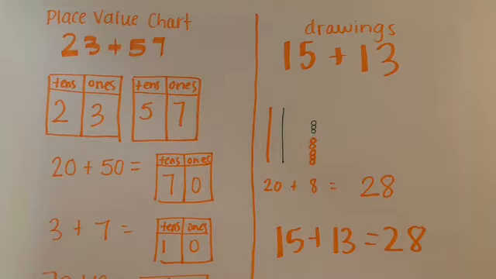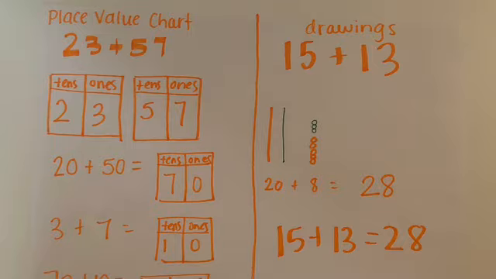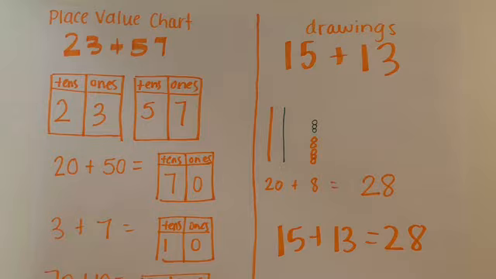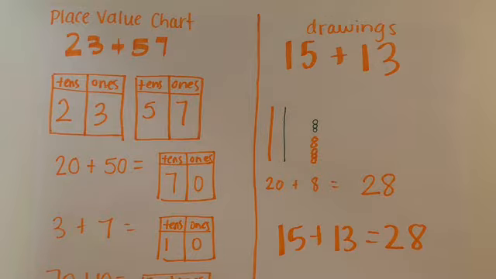In this first strategy, where you see place value chart and the problem 23 plus 57, we're going to use place value charts to solve this problem. So you draw your 2 and your 3 in the tens and ones columns. Then you draw your 5 and your 7 in the tens and ones columns. So 2 is a 10, 5 is a 10, 3 is a 1, and 7 is a 1.